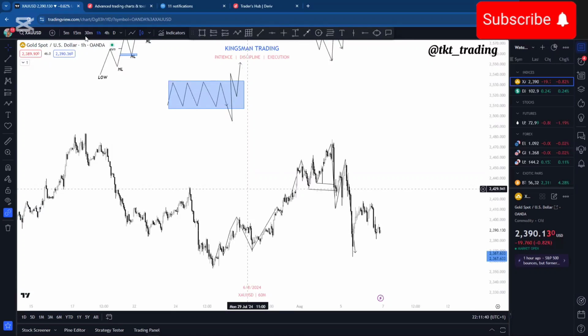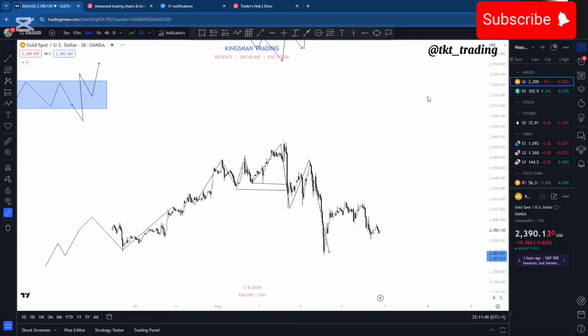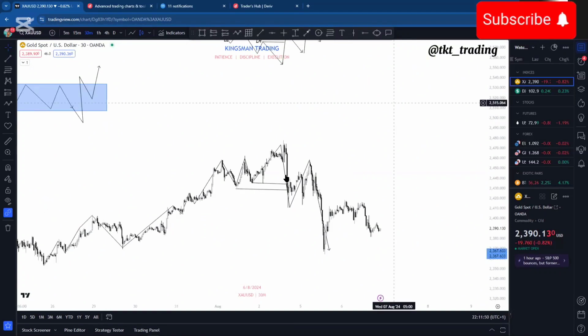Let me move lower. Let me move to the 30-minute time frame. Let me clear this part so that you all can see this more clearly. Well, let me move to another chart.